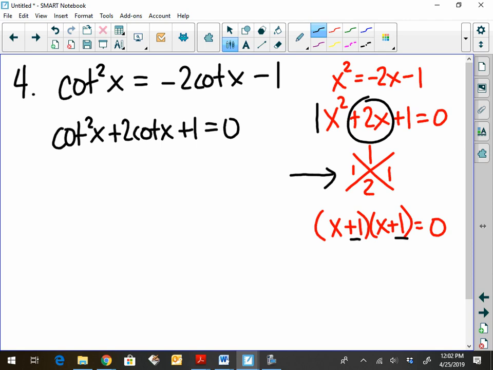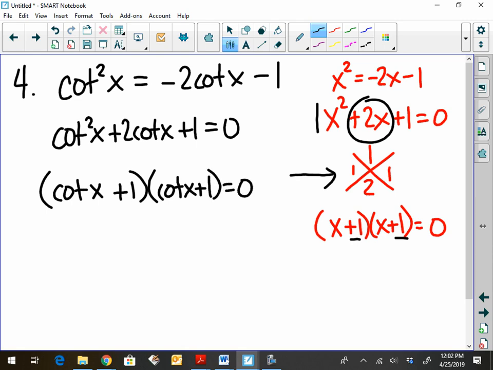So that trick you should know by now. If not, we can work through some of those questions. But in this question we'll have cotangent of x plus 1 and cotangent of x plus 1 equals 0. And the way that I found that is by doing this stuff in red over here.